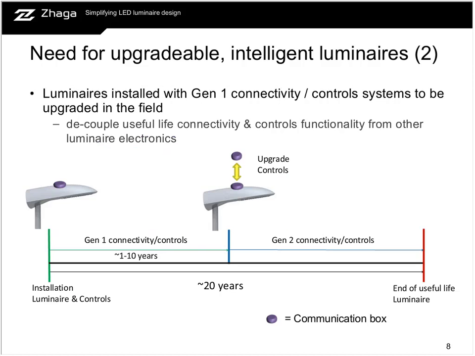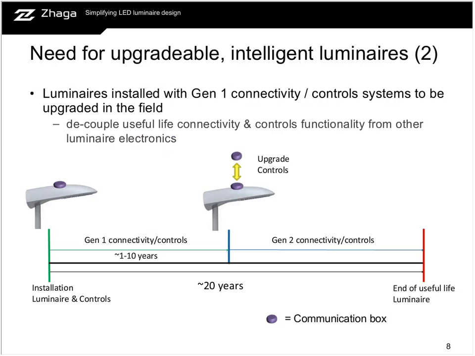Option 2 is that we will have the connectivity controls module already installed from the beginning. So in this example, you can see that the module is already installed on the outdoor luminaire. This is typically done with a Gen 1 connectivity module. When you would like to upgrade with, for example, a Gen 2 technology, you are able to do that, for example, in the course of the 1 to 10 years to follow.